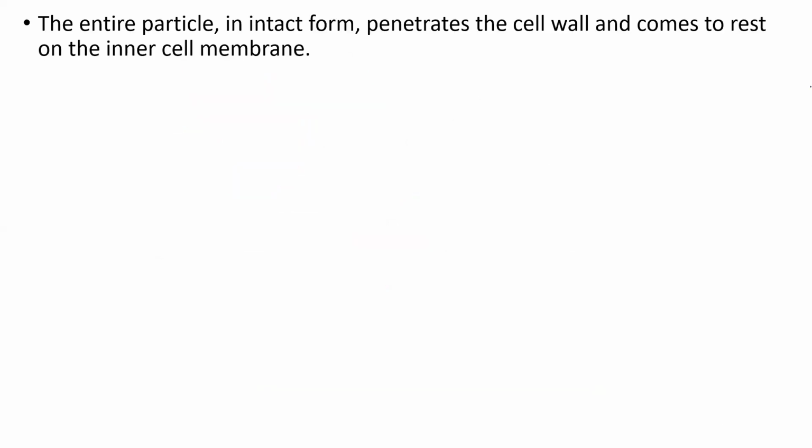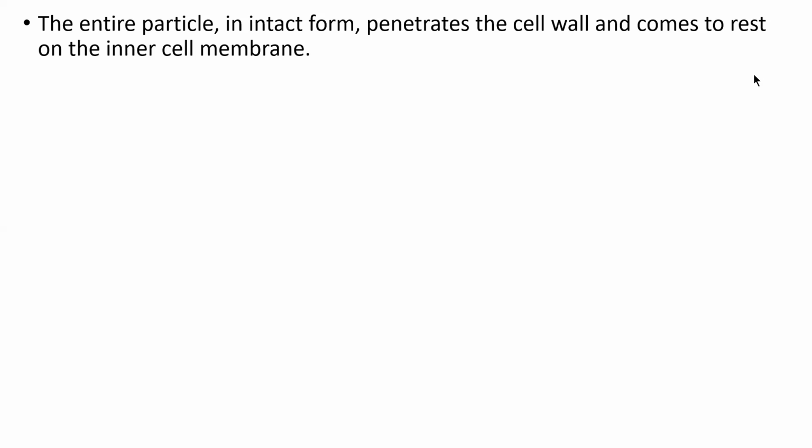What happens next? The entire particle in intact form penetrates the cell wall and comes to rest on the inner cell membrane. So we can talk about differences between these filamentous bacteriophages and, let's say, T phages.